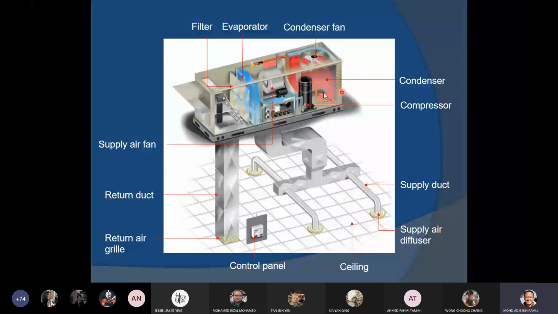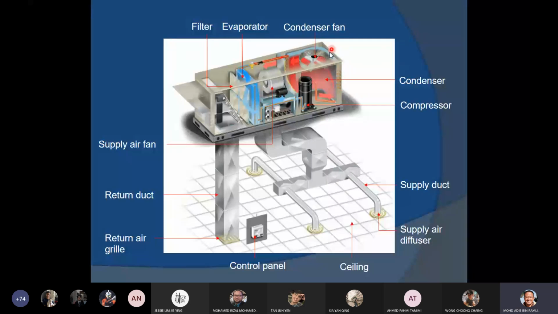At the same time, the refrigerant inside this system flows from the evaporator to the condenser, back and forth, right? As it gets to the condenser, the heat from the refrigerant is released into the atmosphere through the condenser fan.